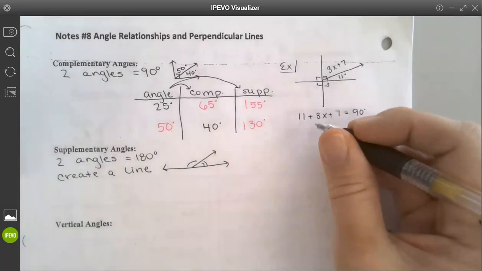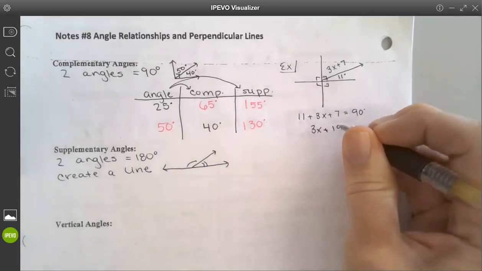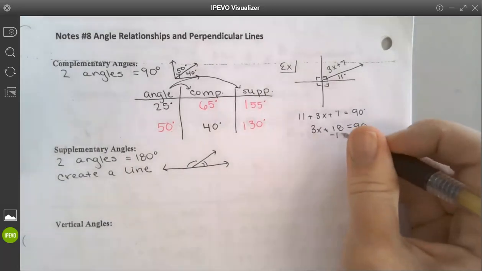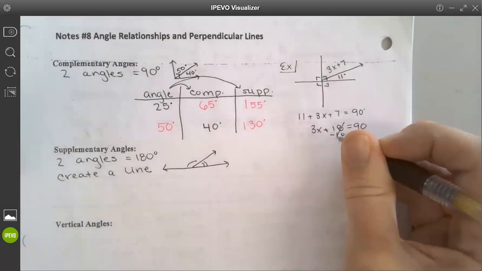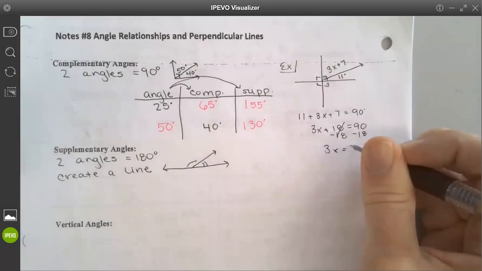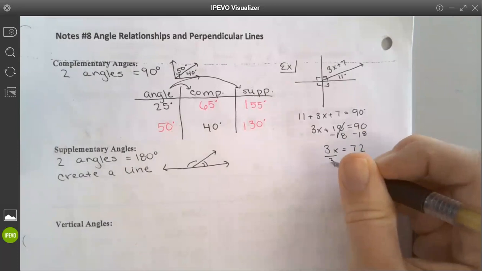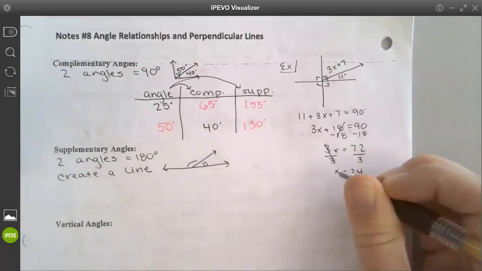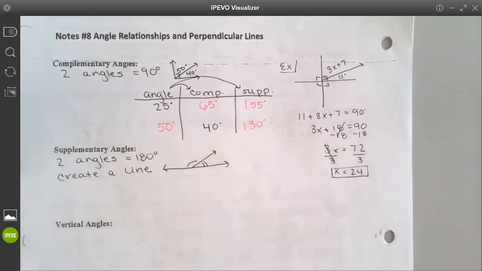It's just marked at 90 degrees, but I can still solve it. 3x plus 18 equals 90. Subtract 18. 72. Good. X equals 24.